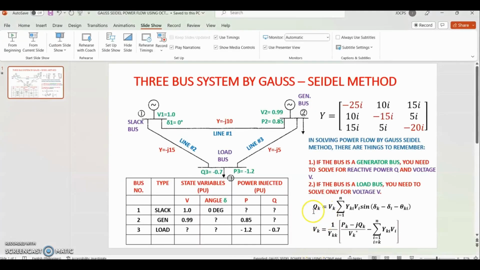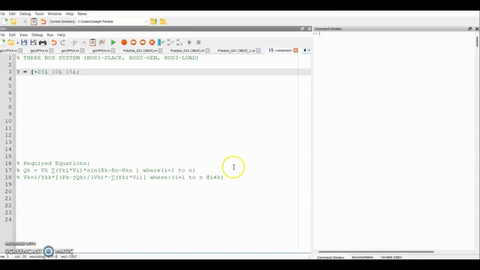The second row, we have 10, negative 15, 5. 10i, negative 15i, and 5i.